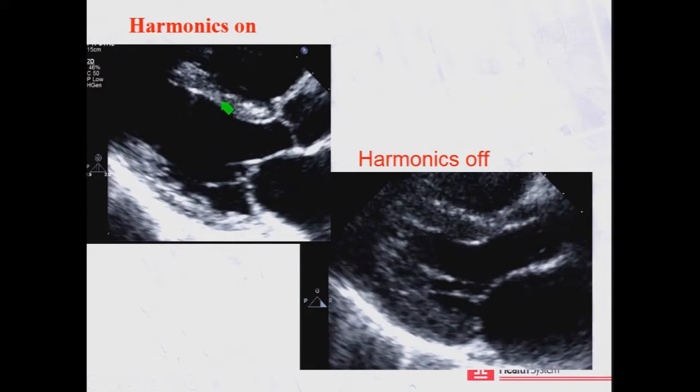Remember I told you M-mode measurements are made from leading edge to leading edge, but 2D measurements are made from trailing edge, so trailing edge of the LV, or at the endocardial blood junction, to leading edge. So the convention's called trailing edge to leading edge. All 2D measurements should be made that way, except the measurement of the aortic root.